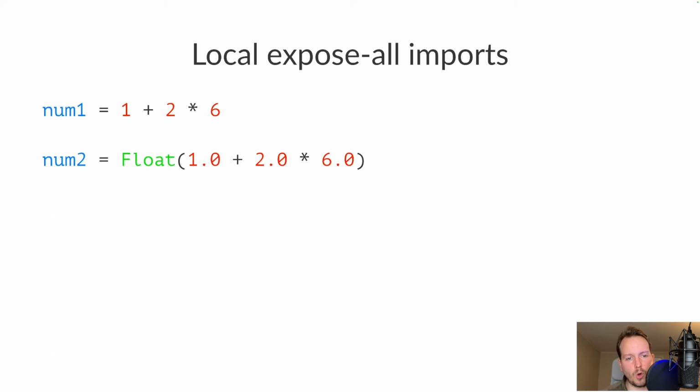But maybe you would want a single float expression somewhere. And that way you could use this local expose all syntax in order to say that for this particular expression, I am referring to float plus and float multiply instead of the integer ones.